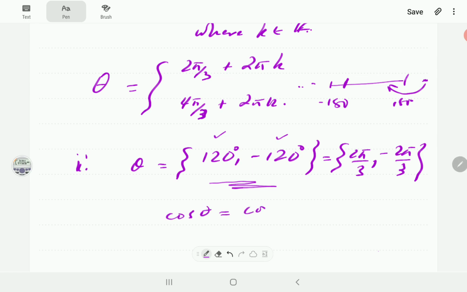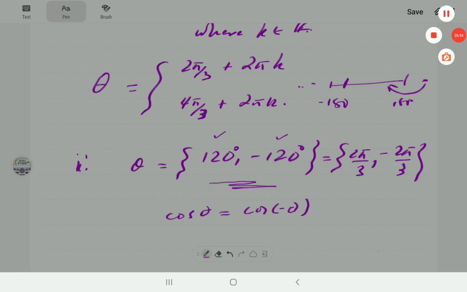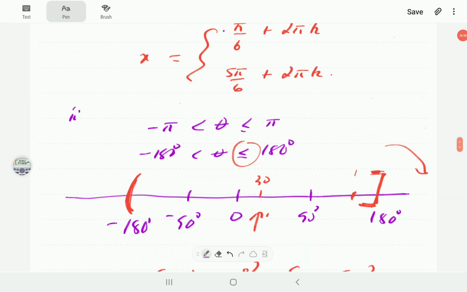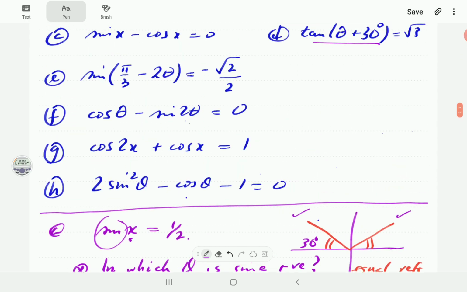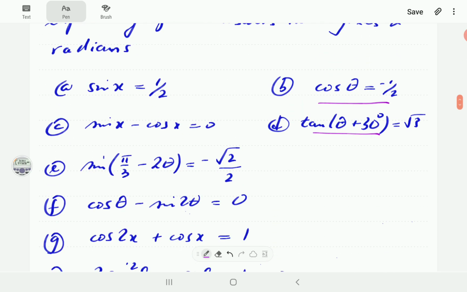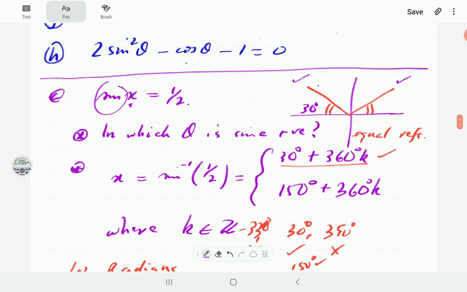So cosine of theta is the same as cosine of negative theta. So of course cosine 120 is going to be the same as cosine of negative 120. All right, then the next example, C, is sine x minus cos x equal to 0.